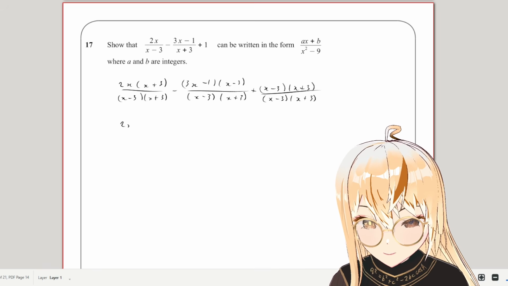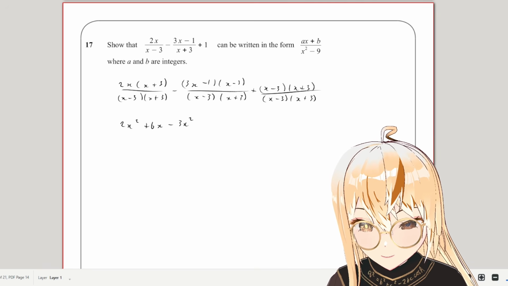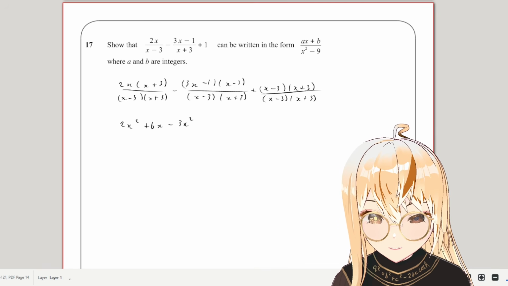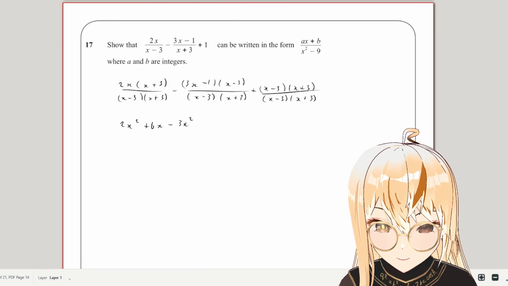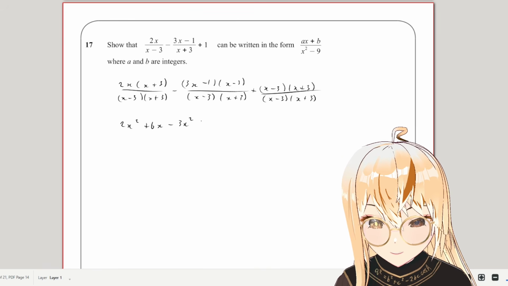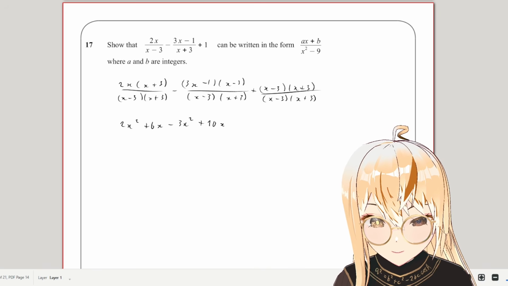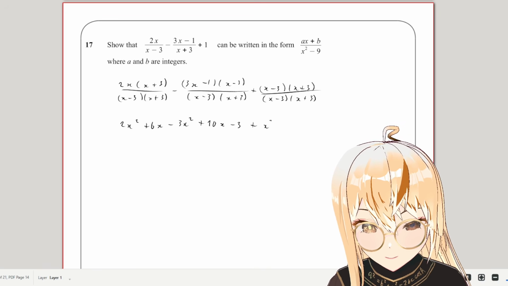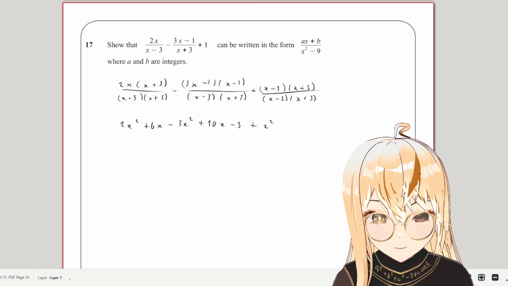So that would be 2x squared plus 6x minus 3x squared. Let's see, minus 9x minus x is minus 10x, and then that's minus, so it's plus 10x. Then plus 3x, and with the minus it's minus 3, plus x squared, just the difference of 2 squares.